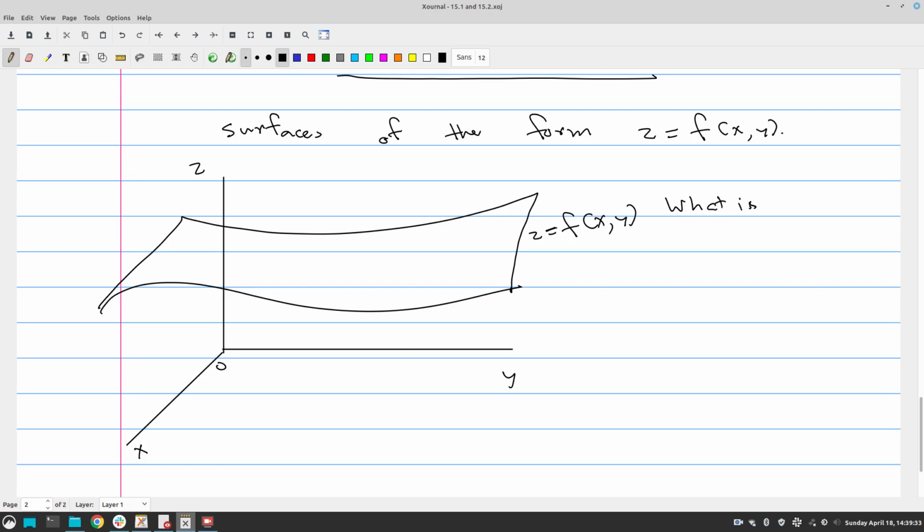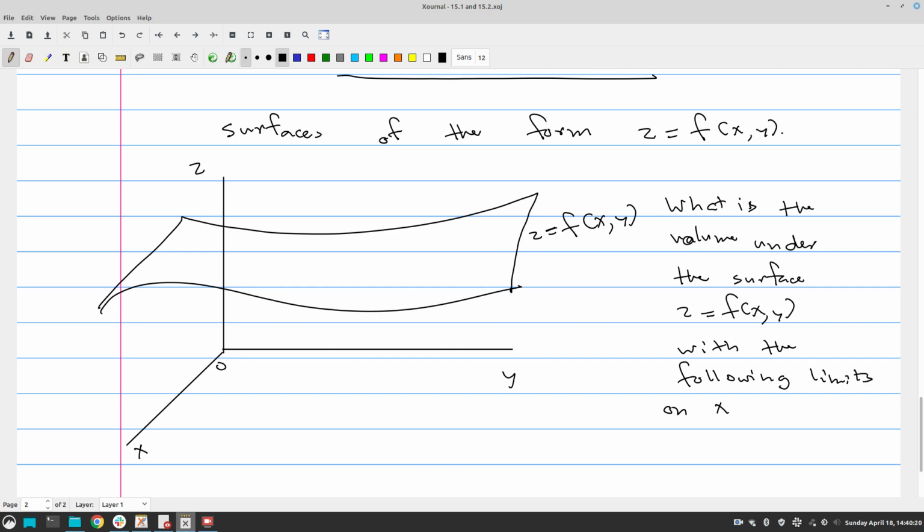What is the volume under the surface z equals f of x, y with the following limits on x and y?